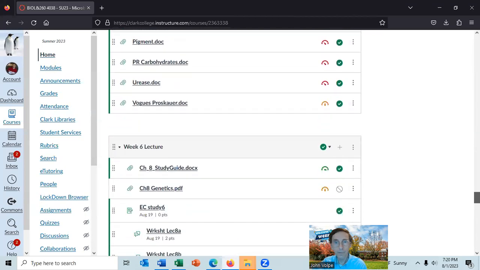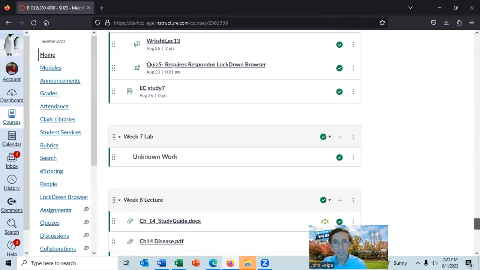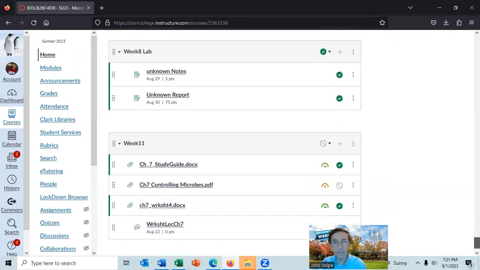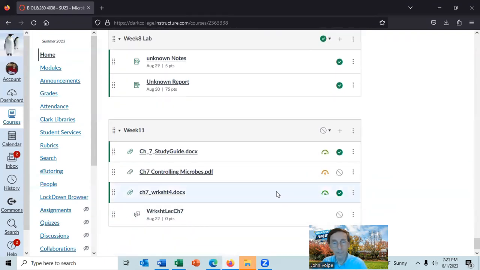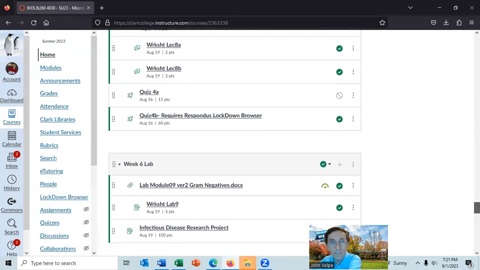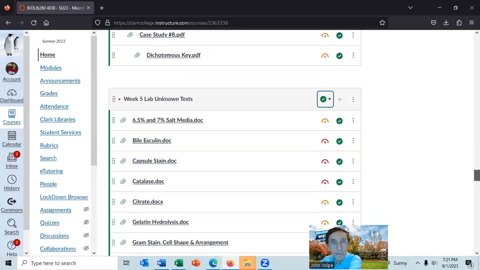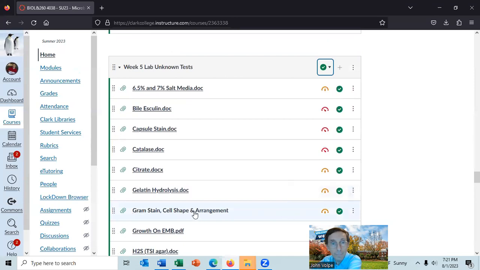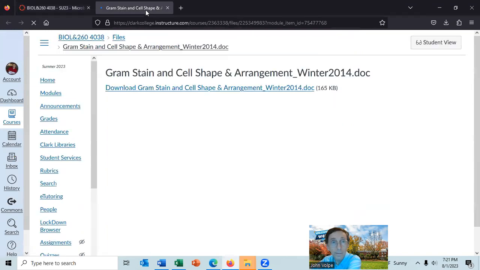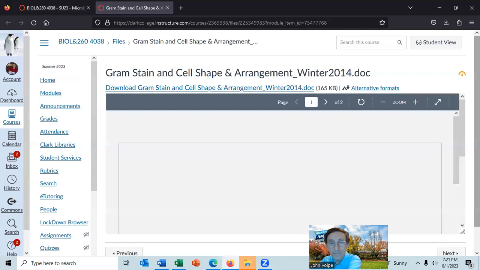Make sure all the modules are on. I hide week 5 lab because it's so long I don't want to confuse you. There is no week 11 in the summer, so don't need to turn that one on. So these are the different tests you can run. For the gram stain and the cell shape and arrangement, it talks about it here. Assuming I get this to come.